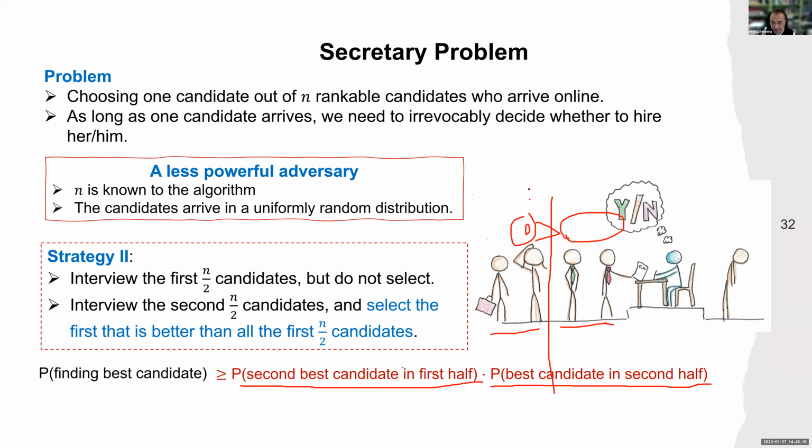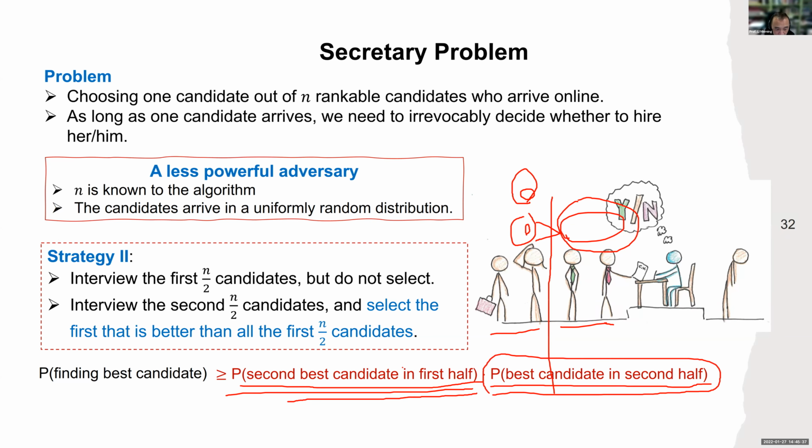If the second best is in the second half, then it's possible you select the second best, because it can be better than anyone in the first half. So the first event is that the best one is in the second half. The second event is that the second best is in the first half, so that when you check the second half, the guy who is better than the first half must be the best one. That will make the whole probability work.